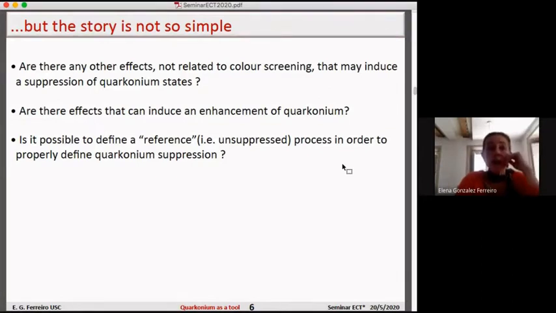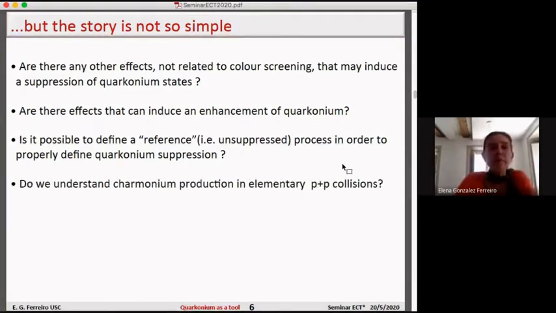One of the questions is whether it is possible to define a suppression baseline in order to study this quarkonium suppression. And at last, do we really understand charmonium production even in elementary proton-proton collisions? That would be the last question.